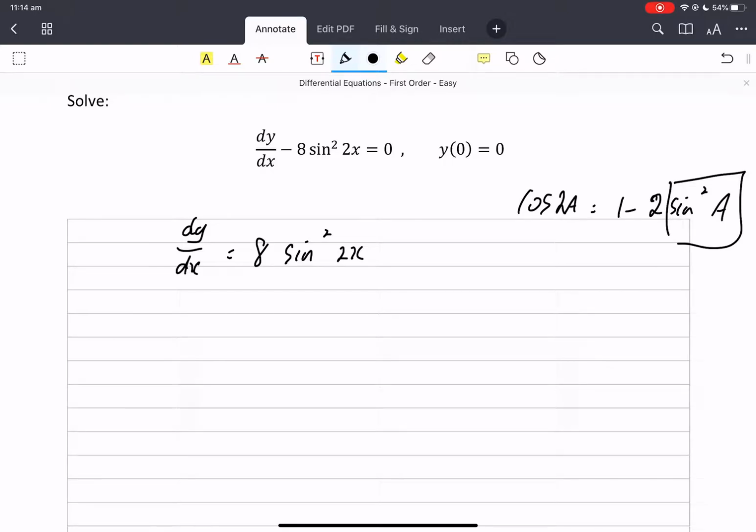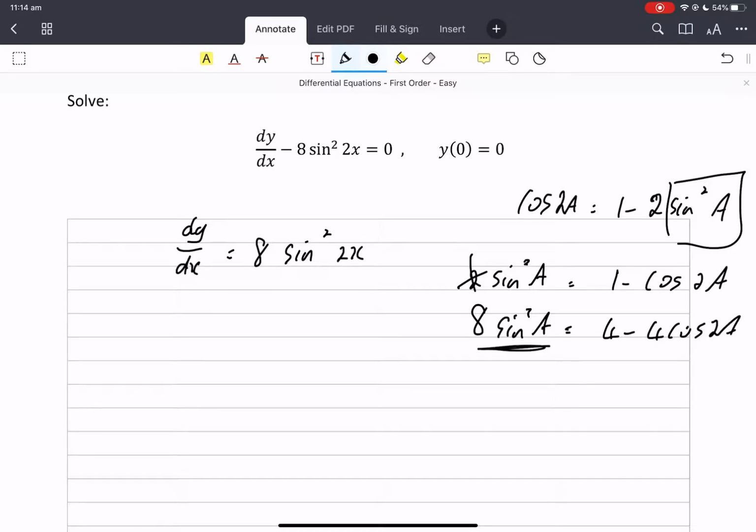So I'm going to pop it to the other side. It's not a 2, it's an 8, so I've multiplied everything by 4. There we go, that's what 8 sine squared a is.